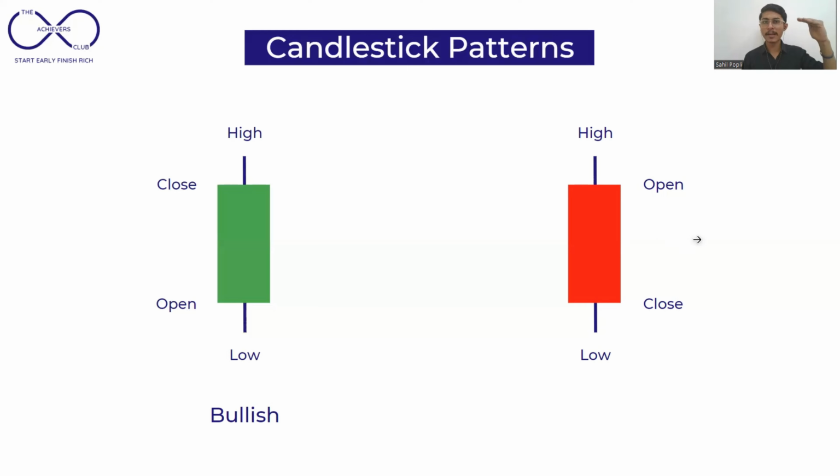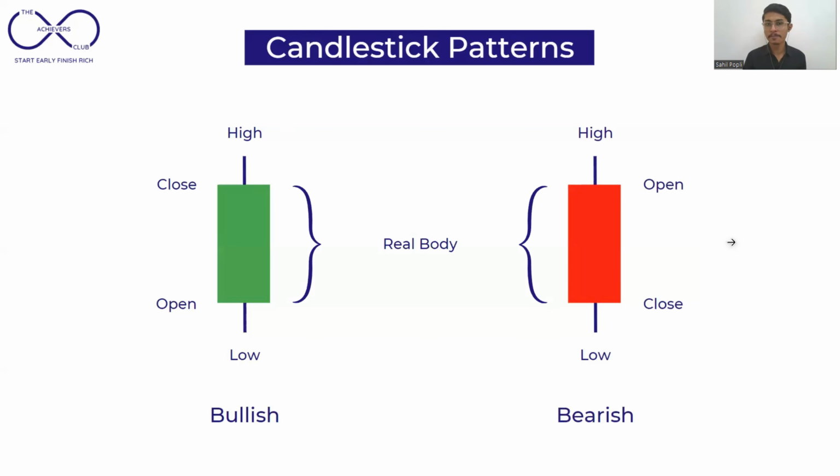When the opening price is higher compared to the closing price, it is a bearish candle, where on that particular day the supply is higher or the bears are in control. The body, which you can see, is the difference between the opening and closing price, on the bullish candle and similarly on the bearish candle. The colorful bar is called the real body of a candle.